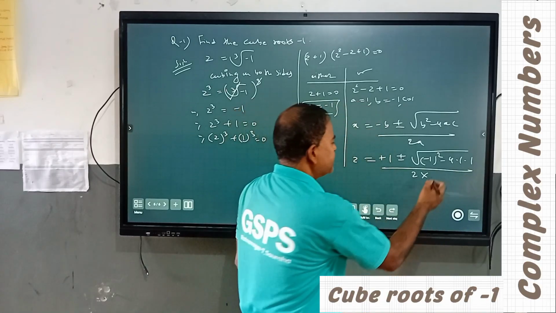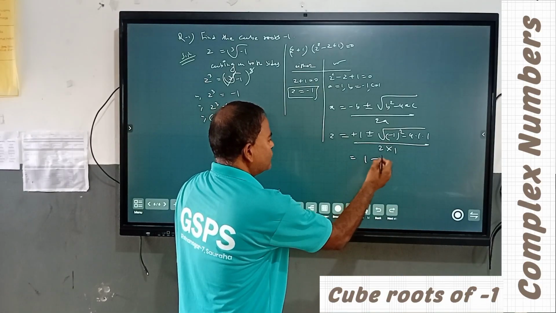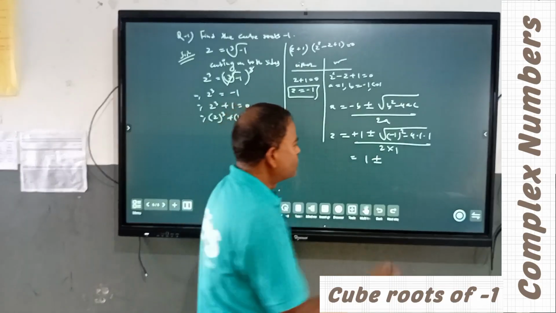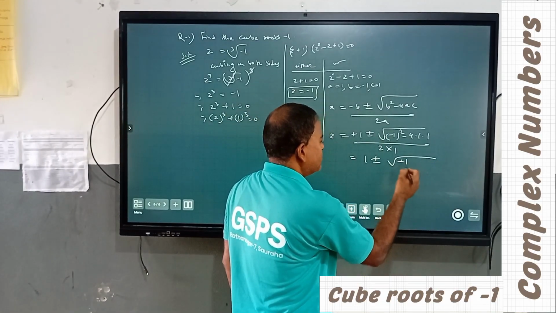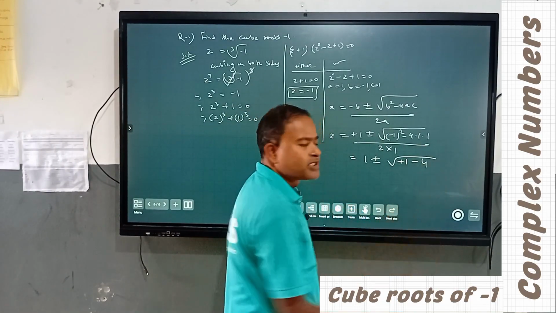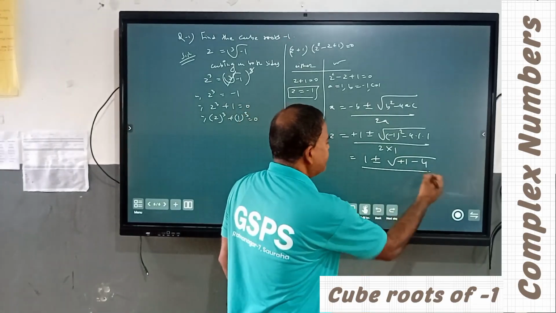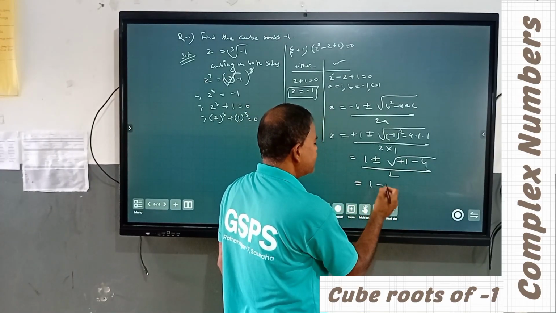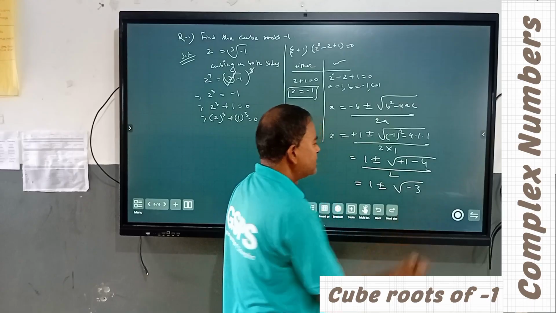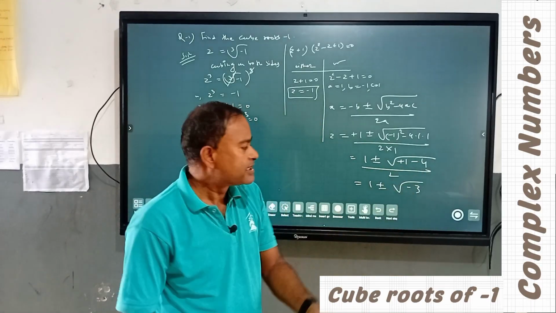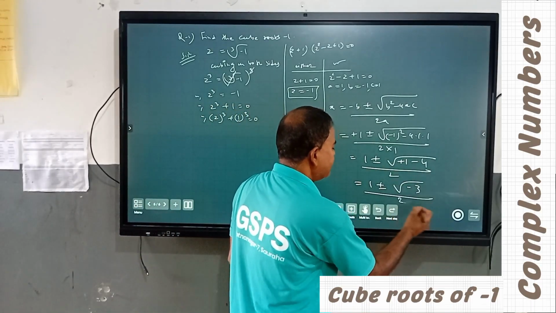The value of a is 1, and the value of c, the constant, is 1. So we get 1 plus minus the square root of 1 minus 4, since 4 ones are 4, divided by 2. After solving this, we get 1 plus minus root of -3, divided by 2.